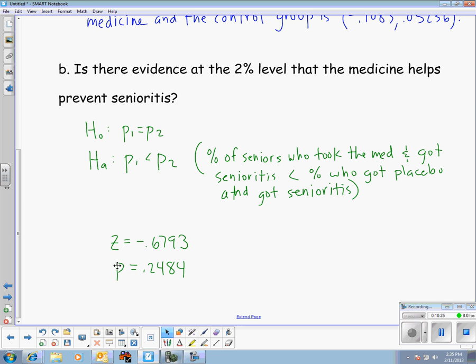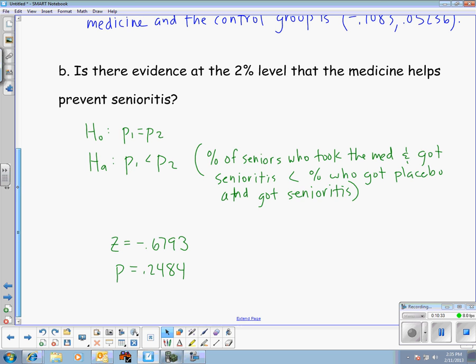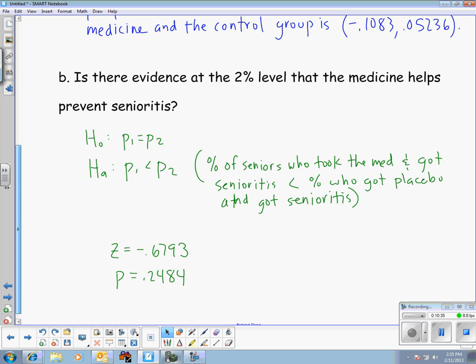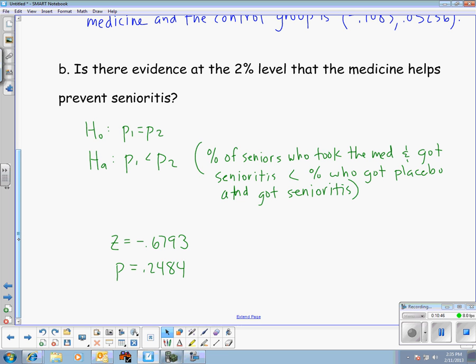So what does this mean? This is a high p-value. It's definitely not below 2%, which means that this is not enough evidence to reject the null hypothesis that both percentages are the same. There's a slight decrease, it looks like, in the two proportions, but this is not a decrease that could not commonly happen by chance.